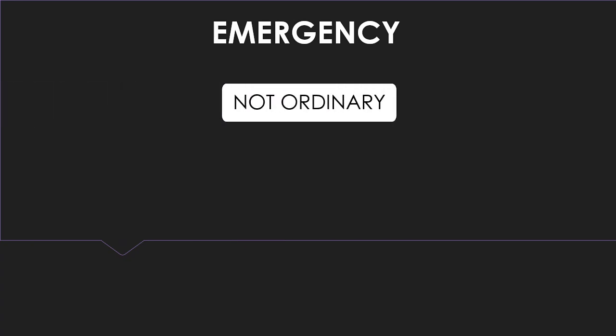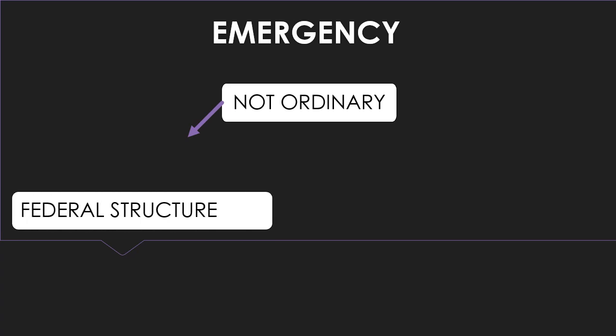So let us start with the concept of what an emergency is. When we say that there is an emergency, what that essentially means is that things are not ordinary, right? And when things are not ordinary, it affects two things. The first thing that is affected is the federal structure of the constitution. Now, we discussed what the federal structure is.